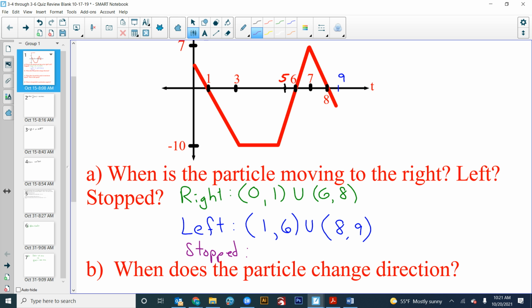At 1 and at 6. Stopped at 1 because? It's a velocity versus time graph, and it's a 0. Perfect. So t equals, what was your next one? 6 seconds. Any more? Oh, and 8.